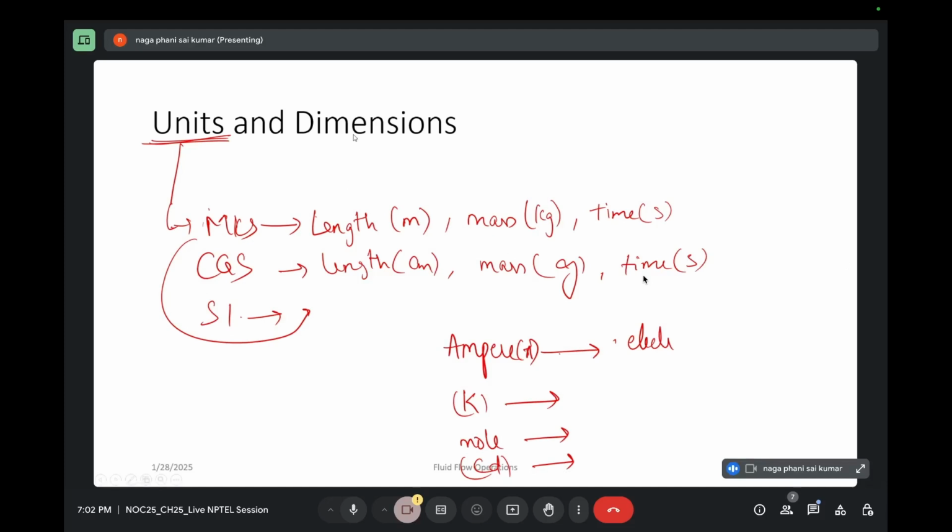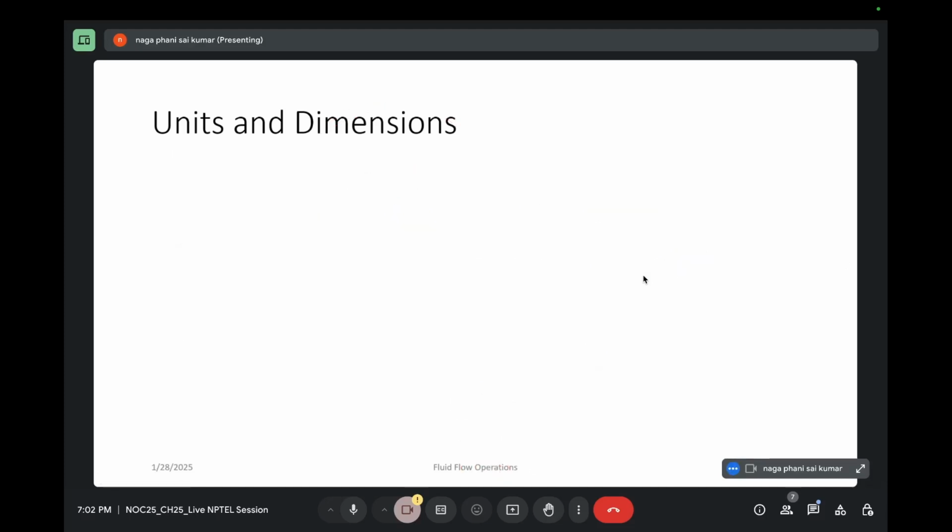Okay, and coming to dimensions, we'll be representing these units in a form. So we'll be indexing the combination of base units and expressing them for a certain physical quantity. It's called dimension. Let's take an example, any example, let's say force. Force is nothing but, what are the units of force? Newton, dyne.